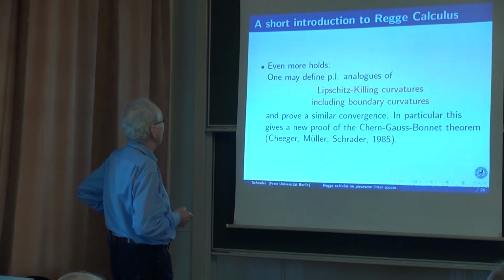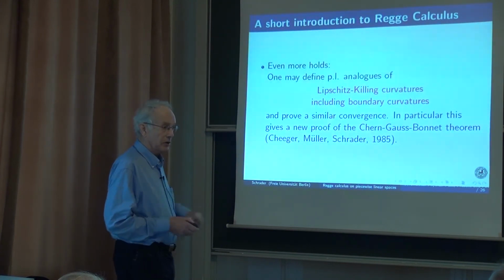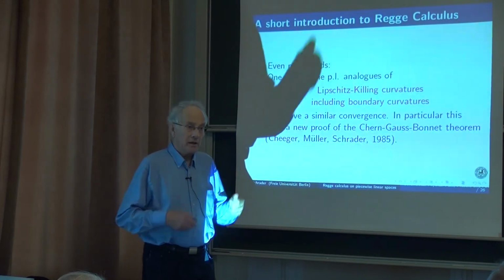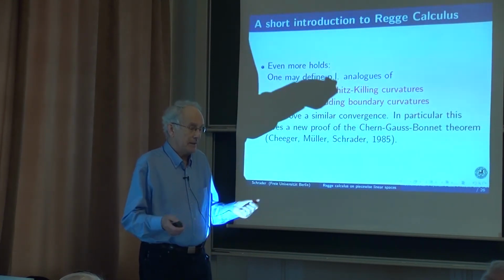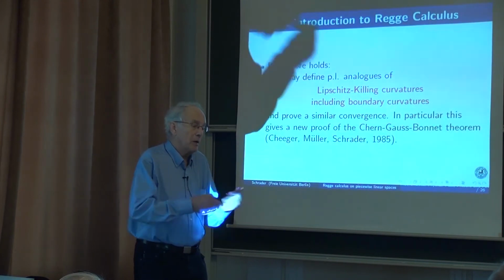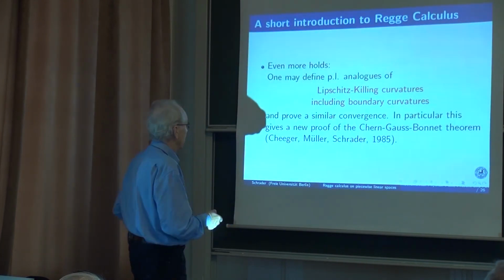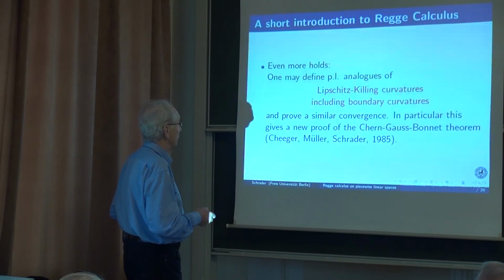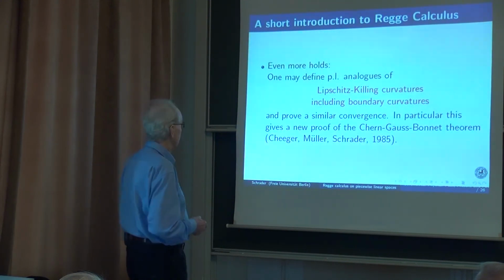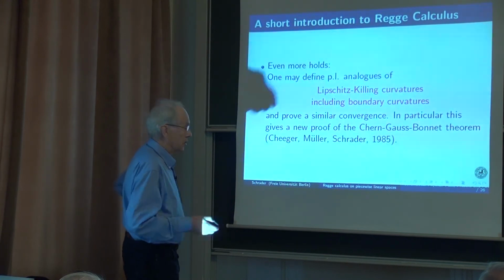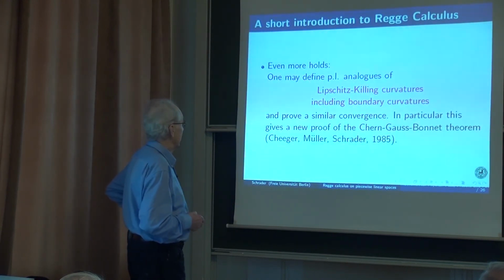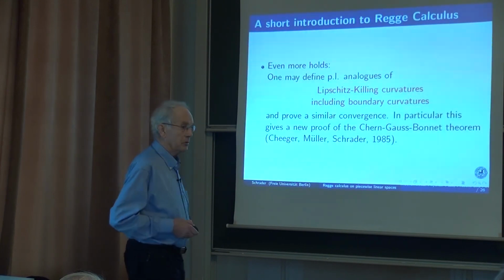Even more holds. You can define PL analogs of Lipschitz-Killing curvatures. I will not go into this. They're not used much in differential geometry, but they're there. It includes boundary curvatures, and you can prove a similar convergence. In particular, we gave a new proof of the Chern-Gauss-Bonnet theorem using this.